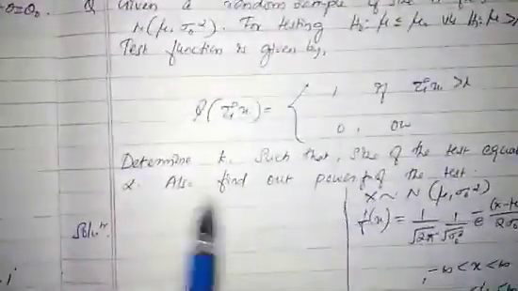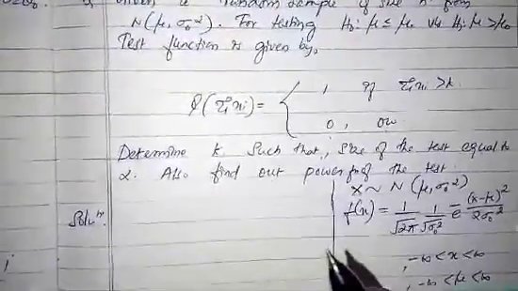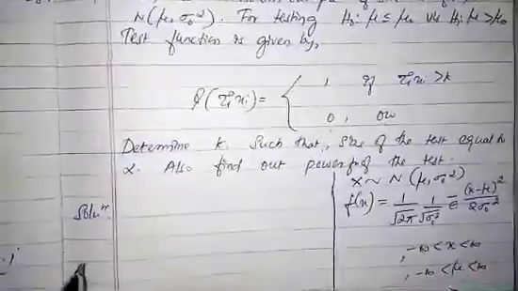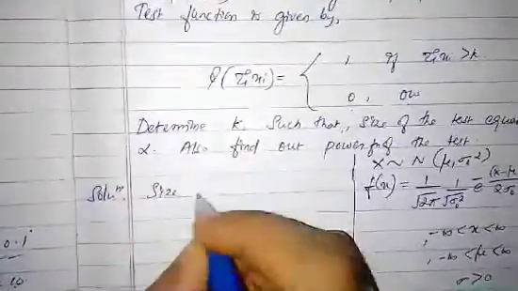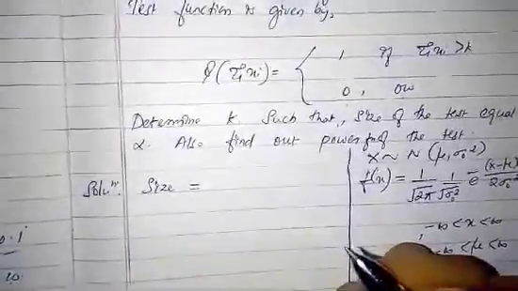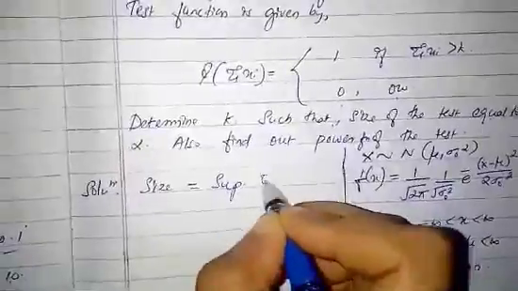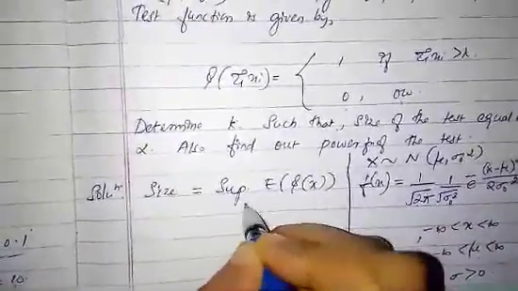So here we have to determine the value k. For that, first we have to find out the size of the test. What is the size of the test formula? Size of the test equals the supremum of the expectation of phi of x, over theta belonging to theta naught.